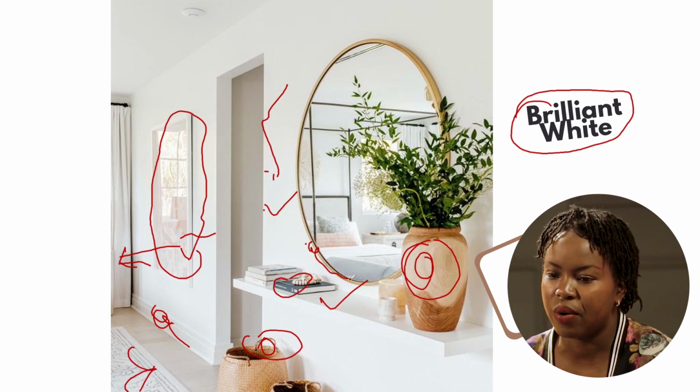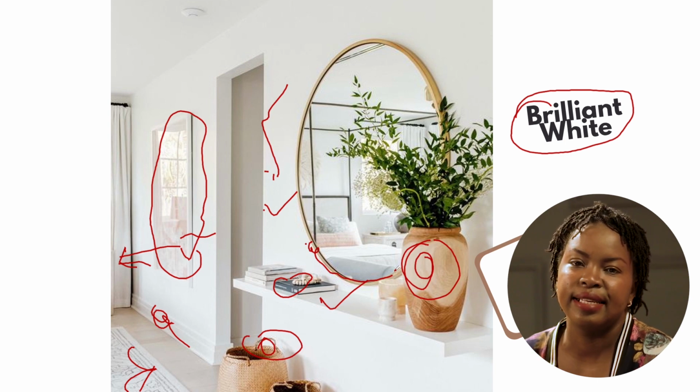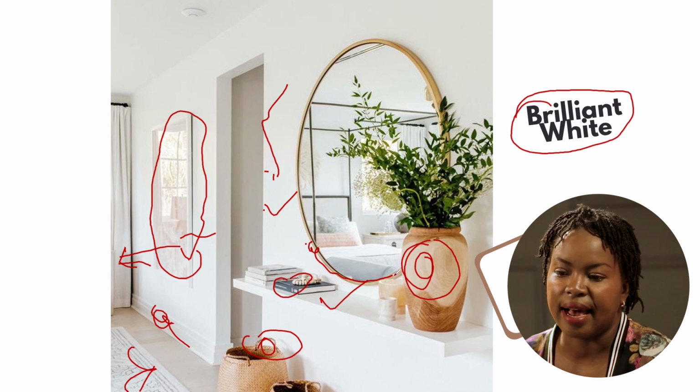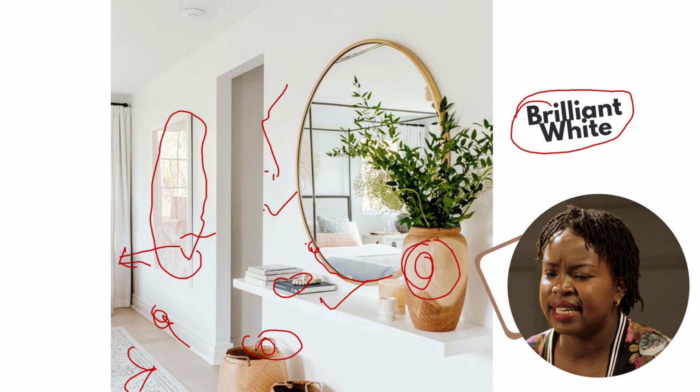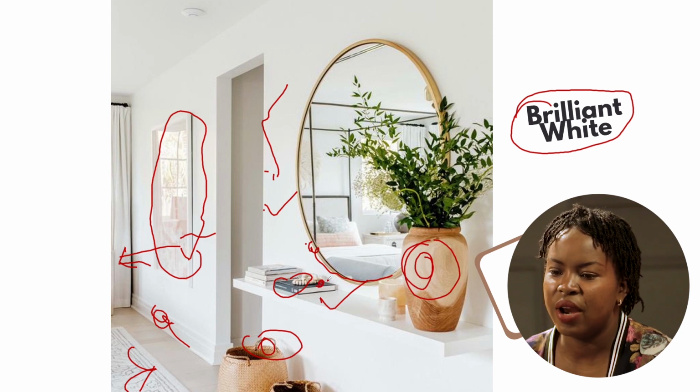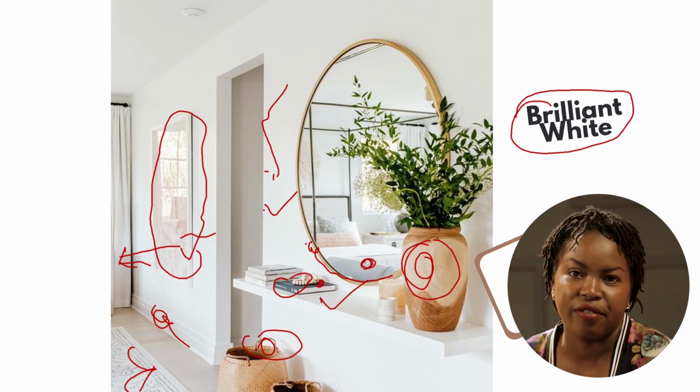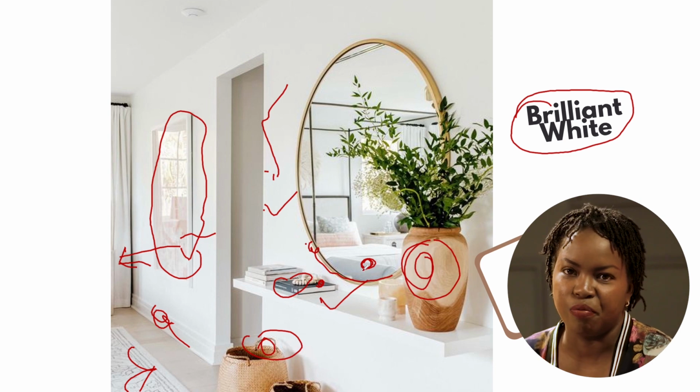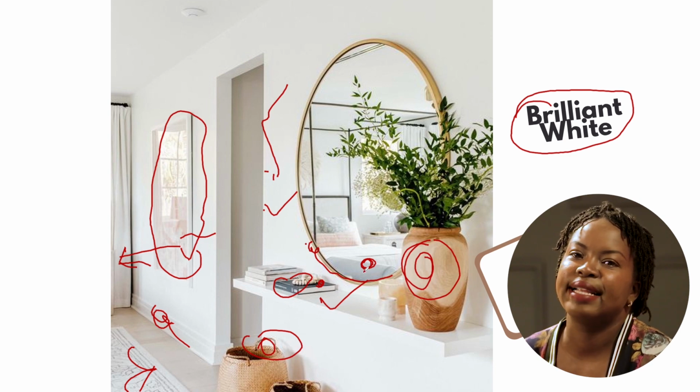Yes, that is our 30% color. And as you can notice, just a hint of blue in the bedding that is reflected in the mirror. That becomes our 10%. So for this particular space, we've used brilliant white. It's a very good neutral color, especially if you have a small space.